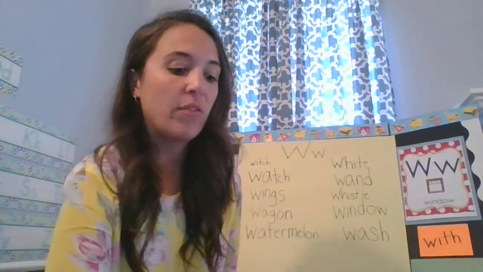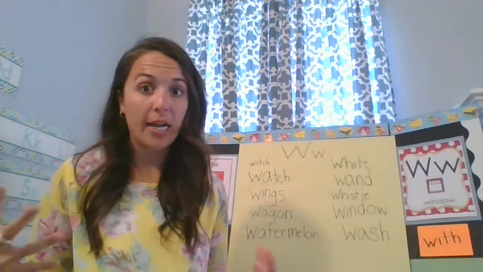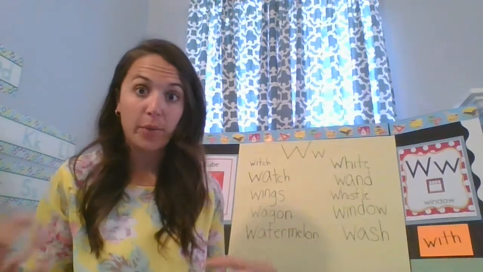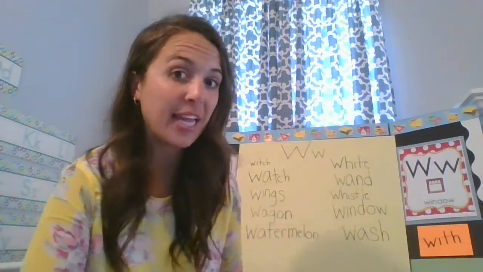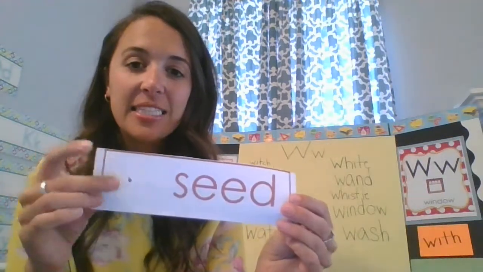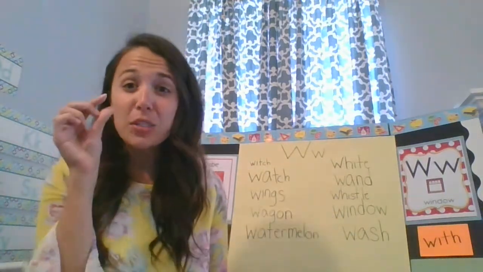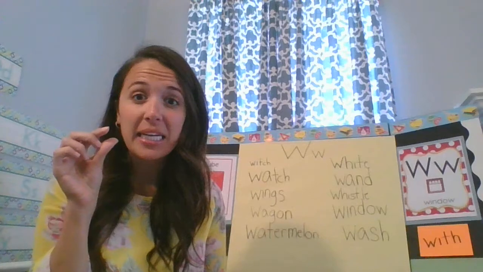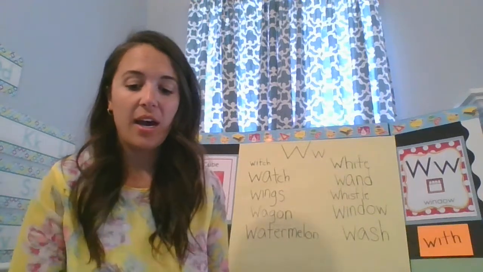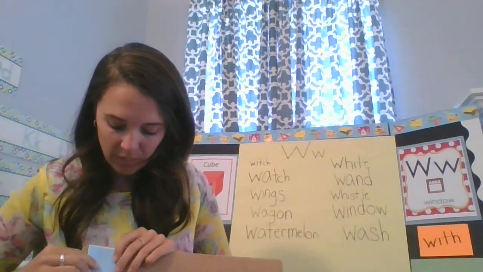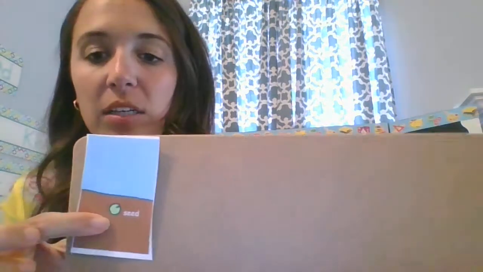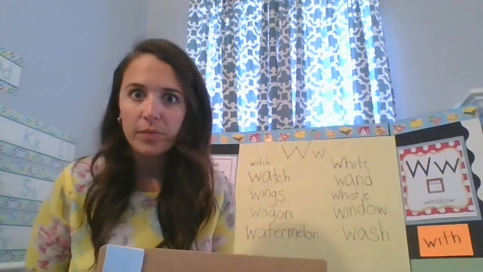So the first thing you need when you're trying to grow a flower or a plant is a seed. A seed is really, really tiny, and you have to put it in the ground. So see how there's a little bitty seed and you put it in the dirt or in the soil.